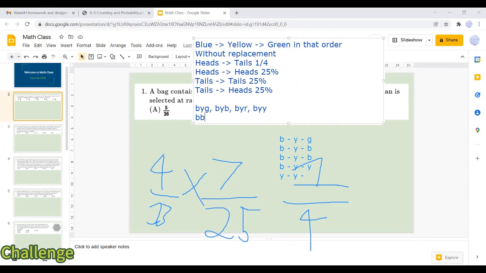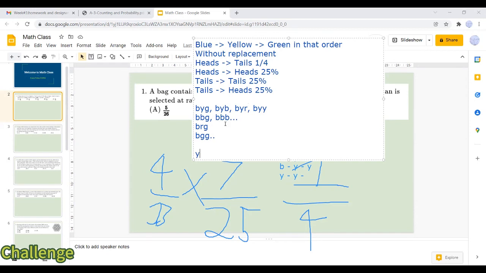So we can have blue, blue, green, blue, blue, blue, and so on. We can also have red, blue, red, green, and blue, green, green, and so on. But the thing is, it's not actually 1 out of 64 to get this, because there are different amounts of the different colored jelly beans.